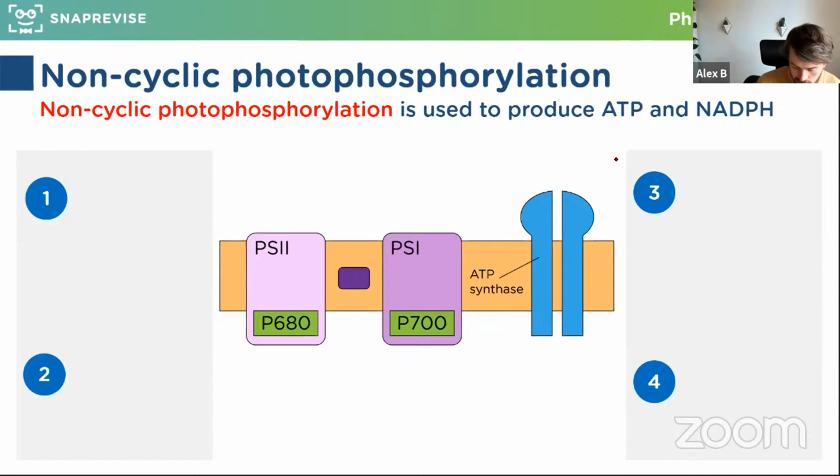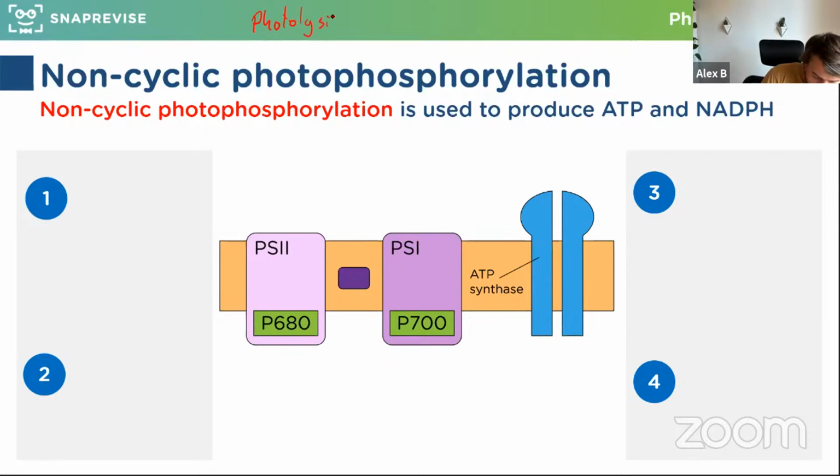So also occurring is a couple of other things. We've got a process called photolysis of water, however you want to pronounce it. Basically what that means is water is split apart using light energy. So the name makes sense.